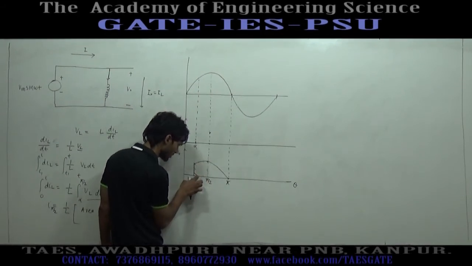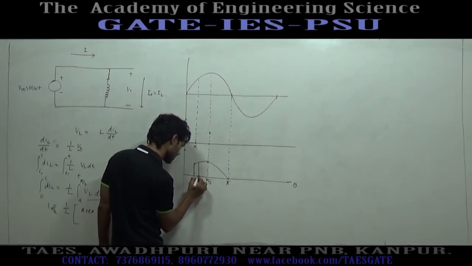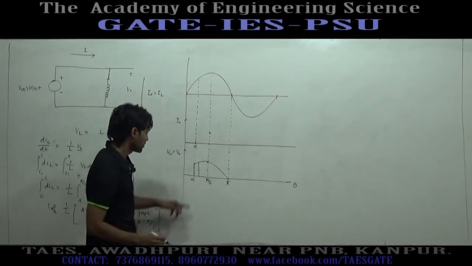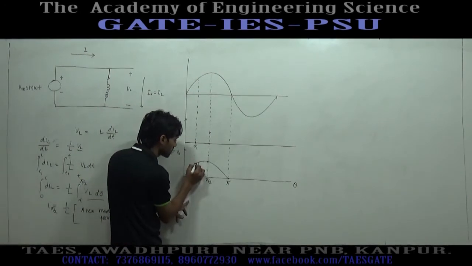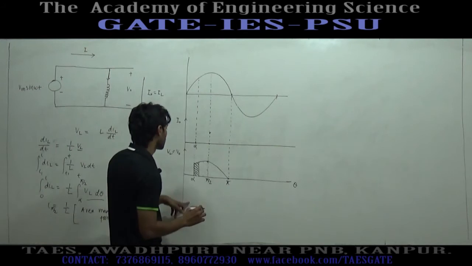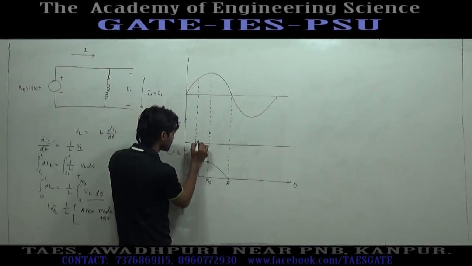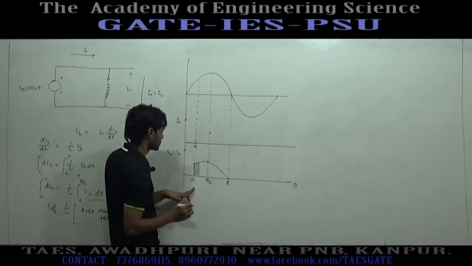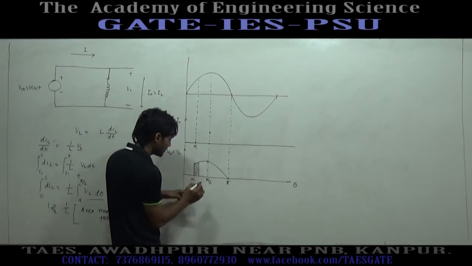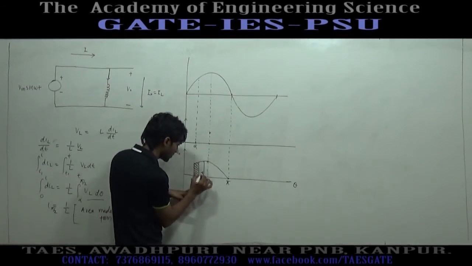Suppose we want to find out the value of current at omega t equal to this angle, then calculate this area and divide it by inductance. Suppose this area divided by inductance contributes this much. Then again take the same interval and find out this area.